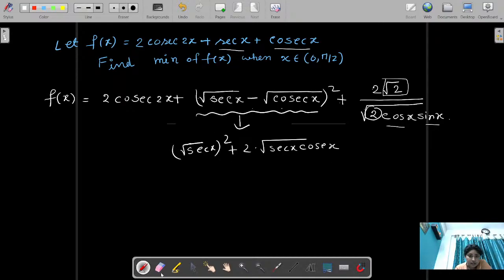Sorry, this will be minus 2 into sec x into cosec x and plus root under cosec x whole square.